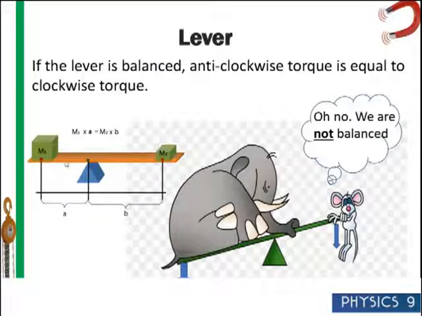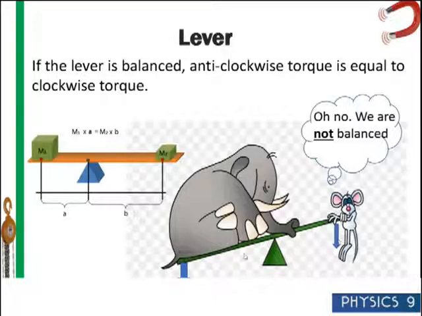Now, obviously, in this diagram on the right-hand side, you can see that the lever is not balanced, the reason being that the force exerted by the elephant at this end, where we have the arrow, is greater than the force exerted at the other end.